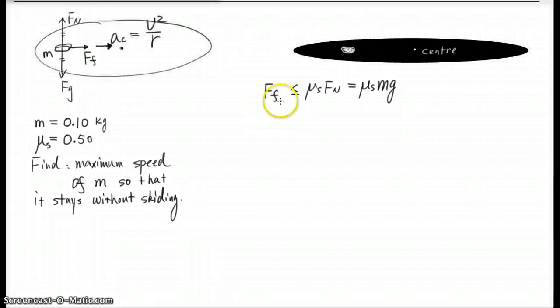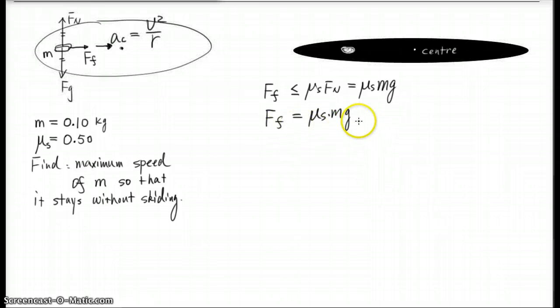So the limit is when the Ff equals the maximum friction. At this moment the static friction must be at its maximum value, which is mu s times mg.